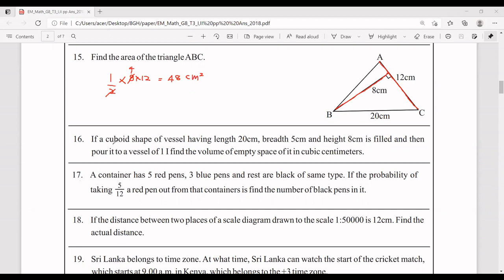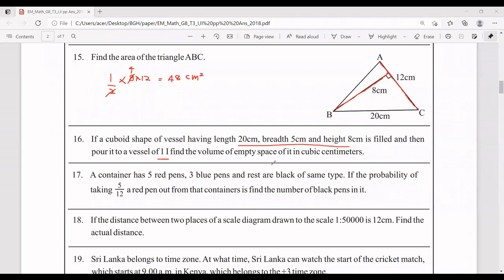16th one. A cuboid shaped vessel having length 20 centimeter, breadth 5 centimeter and height 8 centimeter is filled, and then poured into a vessel of 1 liter.